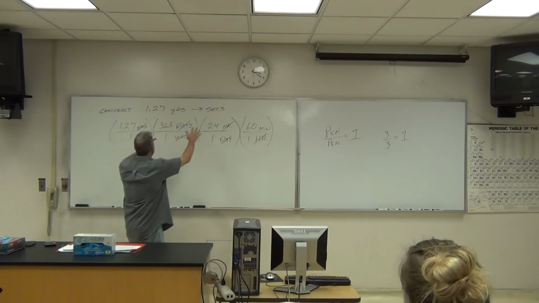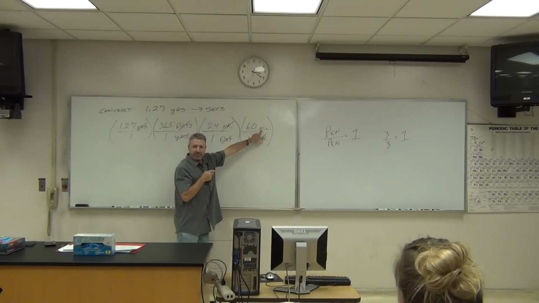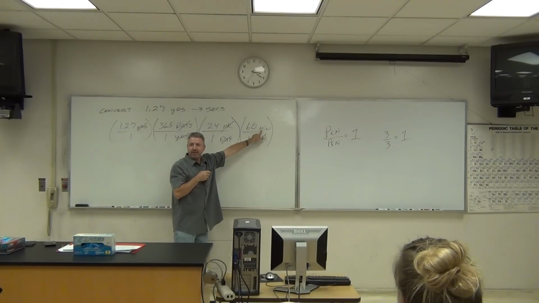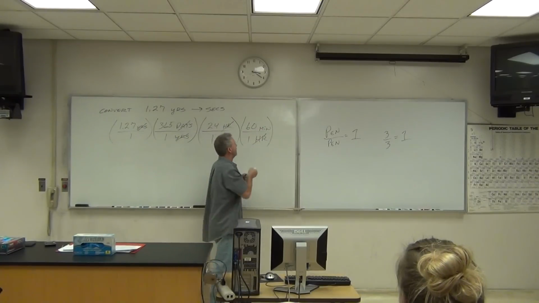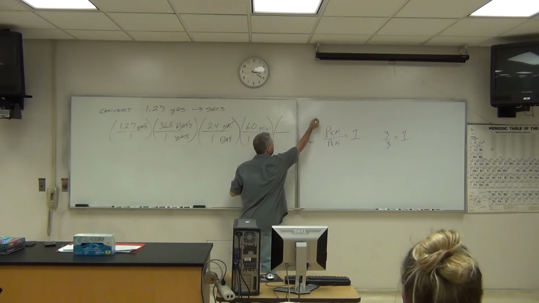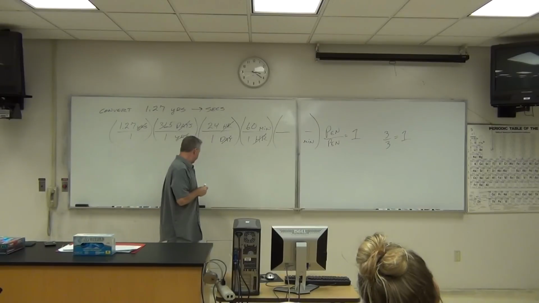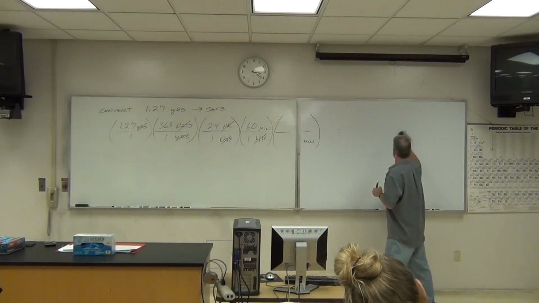If I stop right now, all of my units are canceled and gone except minutes. Unfortunately, it's not what I'm asked for, but I'm getting close. My last one, I want to have minutes. What goes in top? 60 seconds. We're getting the hang of this.